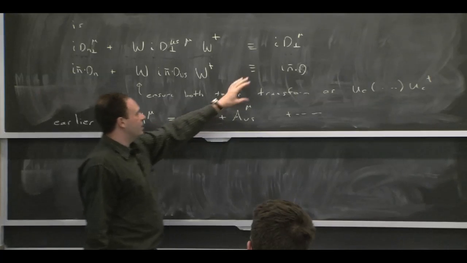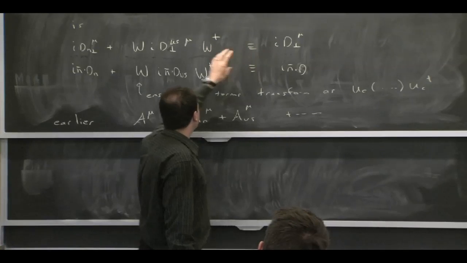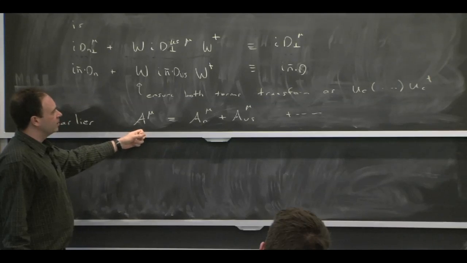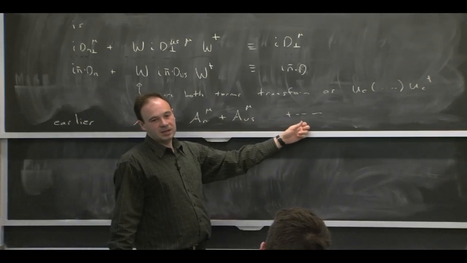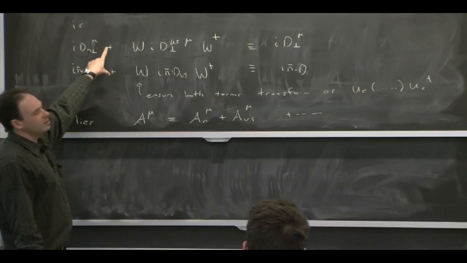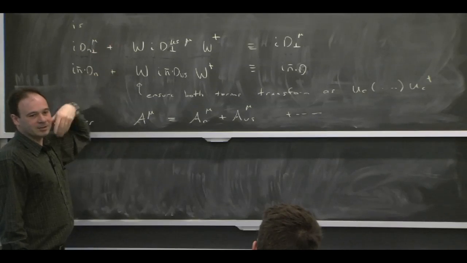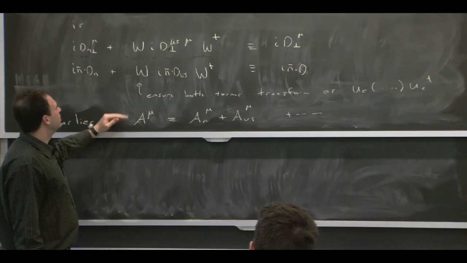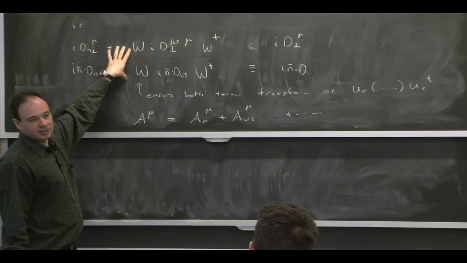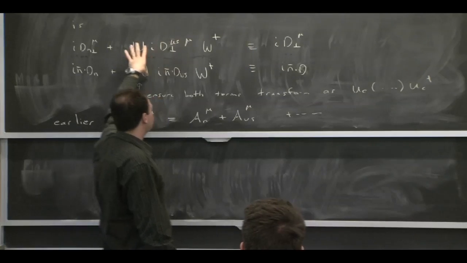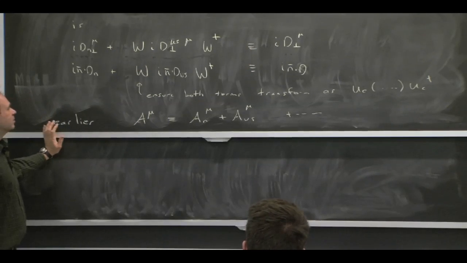And so if you thought about the A in here as a full theory A, and the A's in here as the effective theory, you could derive a formula like this one, but it would involve more complicated stuff. It's not good to think about it this way. It's better to think about it in terms of the covariant derivatives, because then you're already thinking about gauge invariance. So this formula was useful earlier, but it's actually these formulas here that are the more useful way of thinking about taking full theory derivatives and turning them into effective theory results.